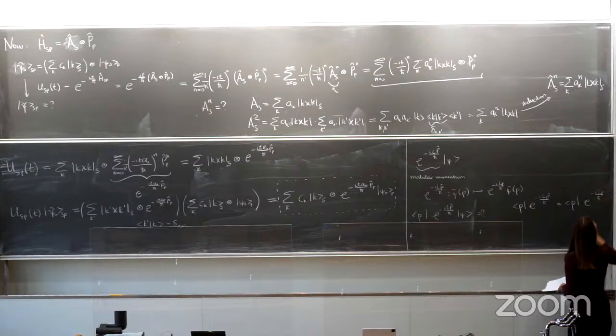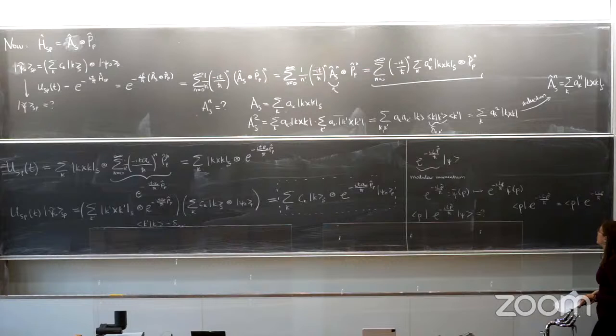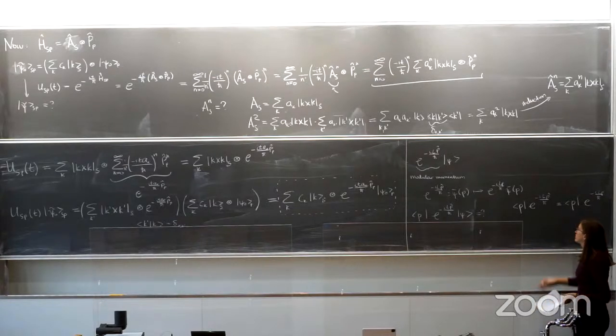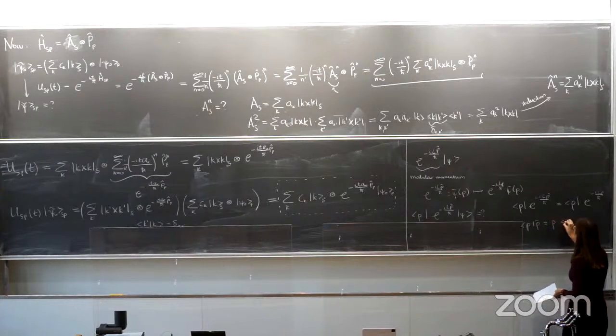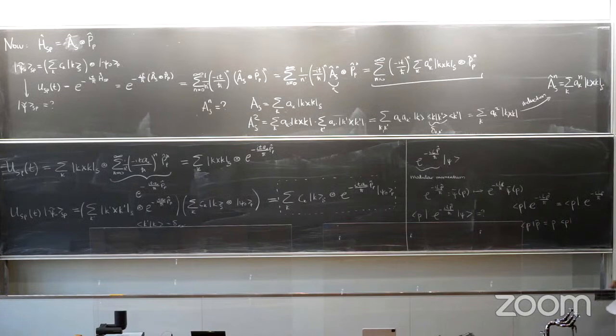So your strategy is exactly correct. We see this exponential, we expand it as a series, then we get a bunch of p to the power n acting on the bra p. Because p acting on the bra p just gives us the eigenvalue p, all these p's come out, and then we contract the series again, and it gives us the exponential with just the value of p. Is this more or less clear?